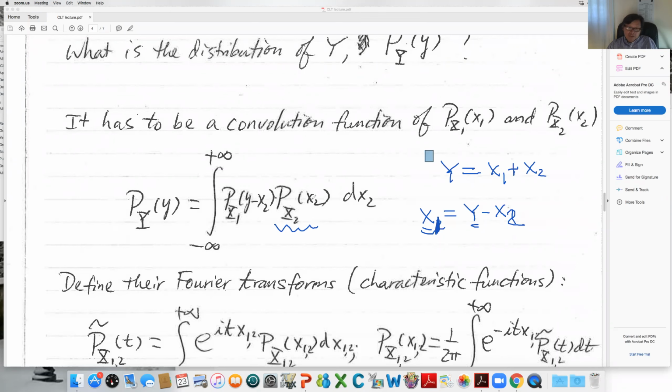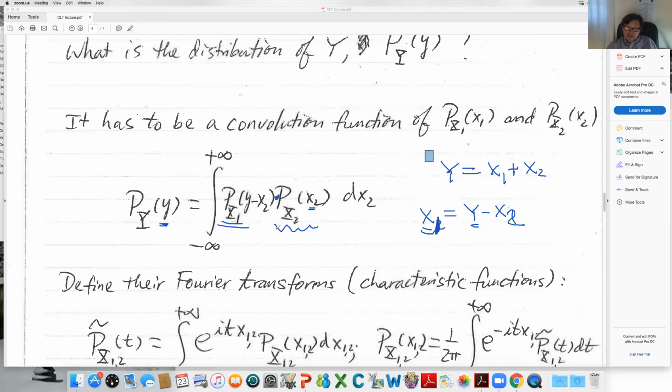If I ask what is the probability of x2, what's the probability I draw a value of x2 from California, and then I want to know the population of total weight at y, that would depend on the probability I draw a sample of y minus x2 from Rhode Island.